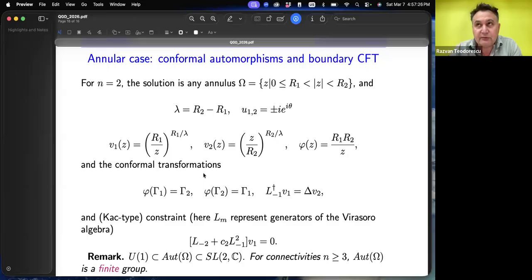all they do is provide for us uniform winding numbers around the circles. So by, say, in this formula, setting z to be R2 times e to the power i theta, we see that for this function to be single valued, we need to have the radius R2, and by the same analysis the radius R1 here, be a positive integer multiple of lambda.